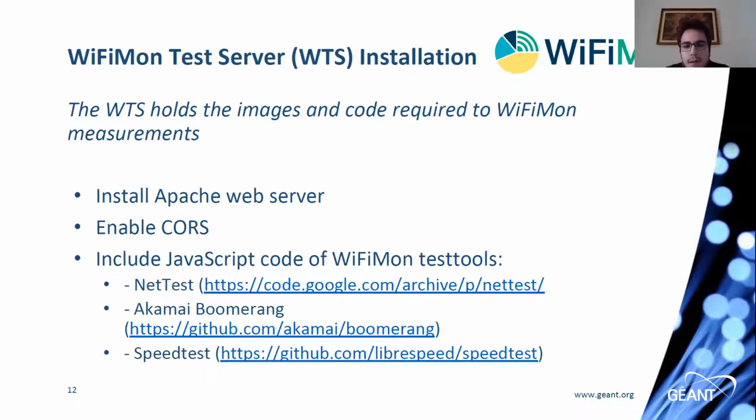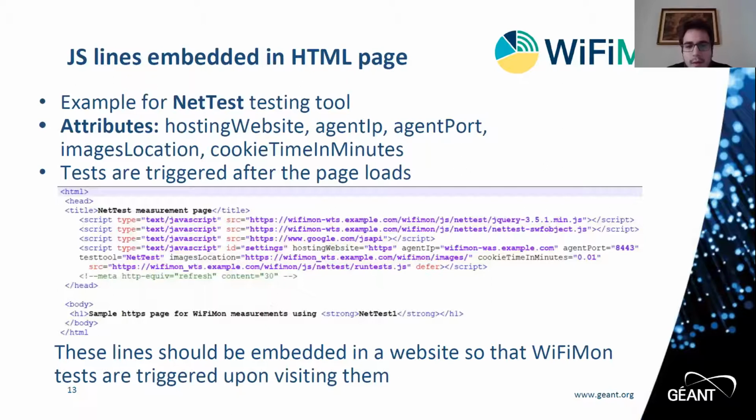And this is the main technology behind the... As you can see, this is a monitored website. You just have to go and include these lines that point to the WiFiMon test server. And once the probe, either software or hardware probe, visits this website, the measurements will be triggered in an automatic manner. And as you can see, there are some important attributes.